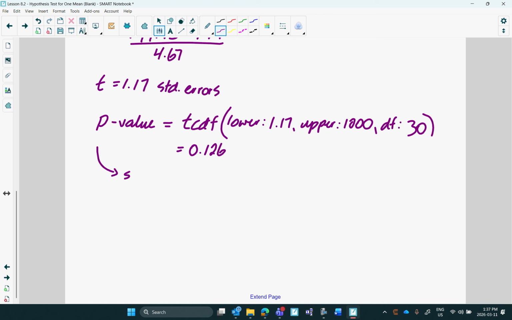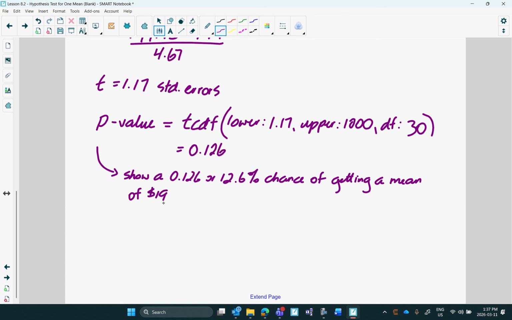The p-value shows a 0.126 or 12.6% chance of getting a mean of, and the sample mean was 199.45 or greater.